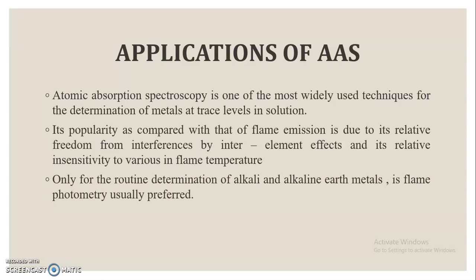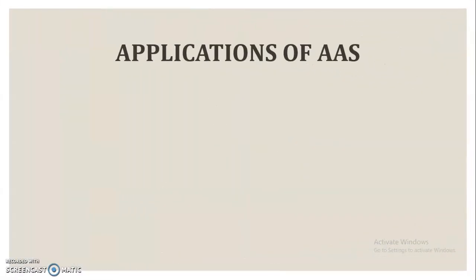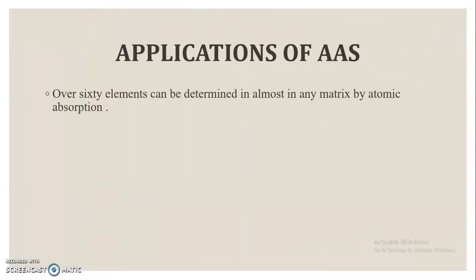Flame photometry is usually preferred only for the routine determination of alkali and alkaline earth metals, but if we want to determine other elements, then atomic absorption spectroscopy is the best choice. Over 60 elements can be determined in almost any matrix by atomic absorption.